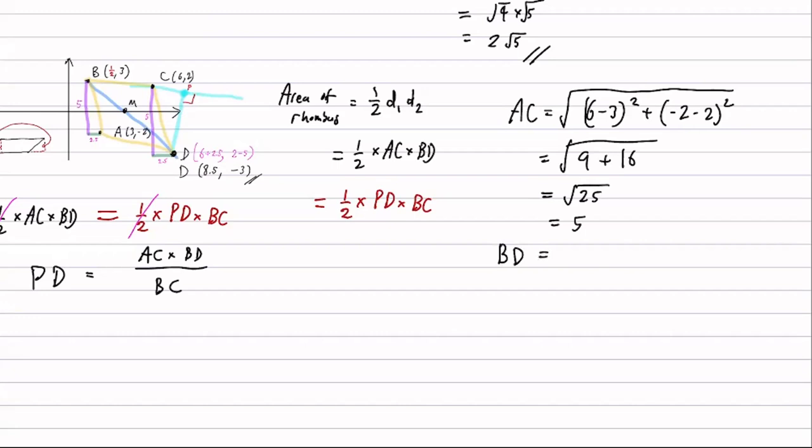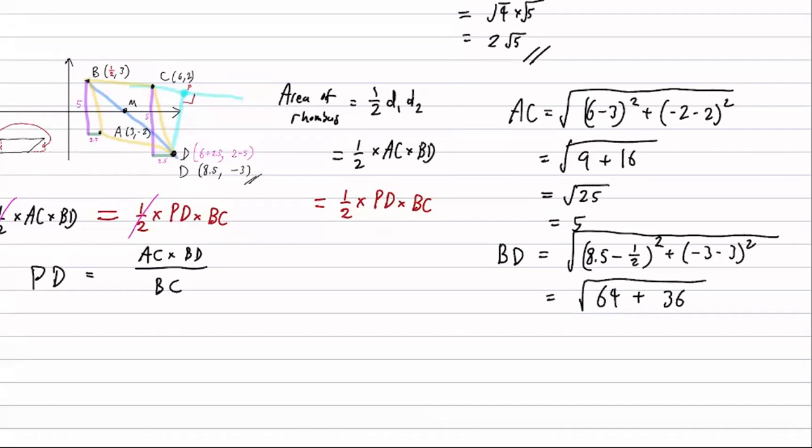BD is 8.5 minus half square plus minus 3 bracket square. Take a square root. 8.5 minus half is 8, square 64. Minus 3 is minus 6, 6 square 36. Just nice, it's 100, which gives you 10.